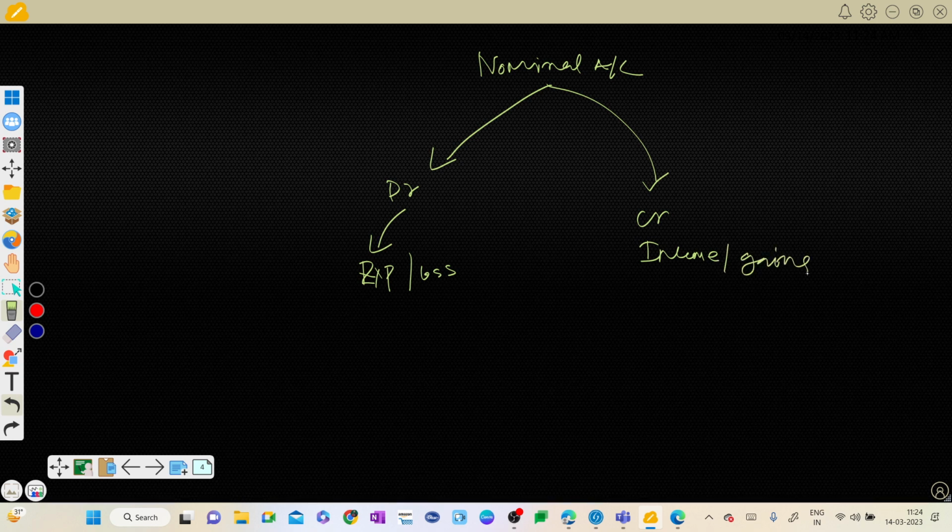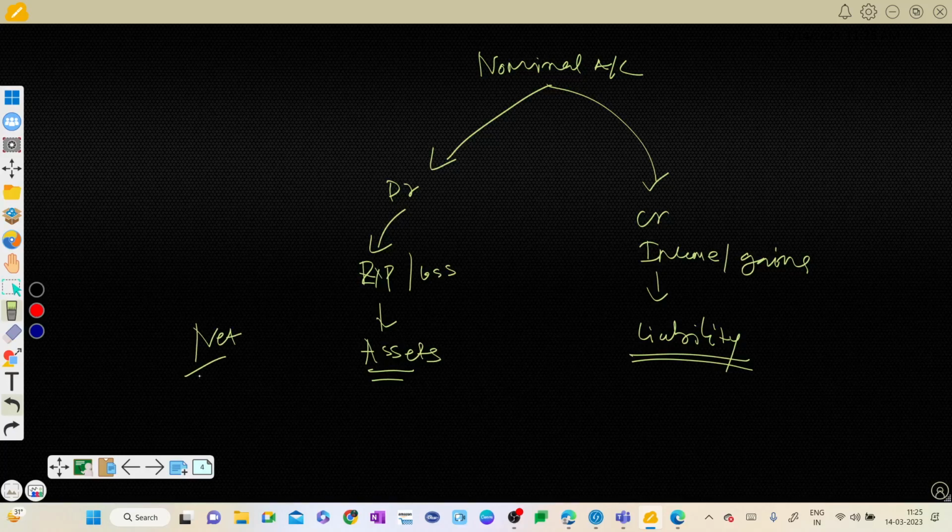So if you remember, I told you the asset side of your balance sheet would be your debit side, right? And income and gain, the credit side, would be your liability side. So if you have a net loss, as per this rule, you should record it to the debit side.